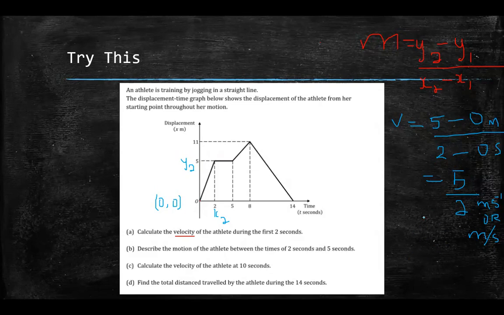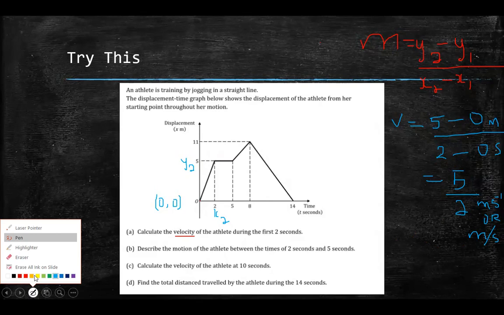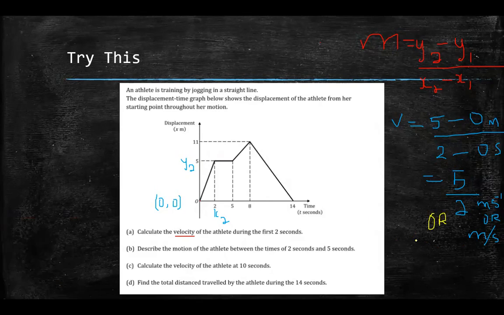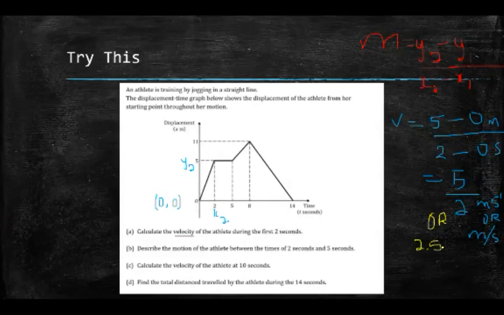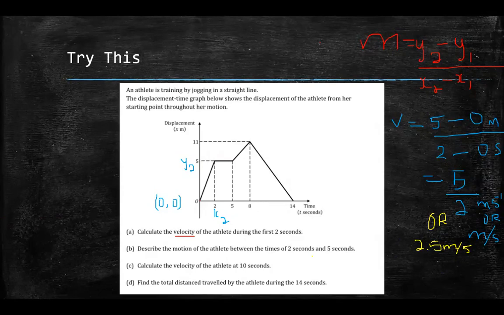So let me just put 2.5. That's an S, it looks like a 5, but anyways, that's the answer. Anybody did not get that, or you don't understand? Even if you didn't get it, do you understand why that is the answer now? Yep. Cool.